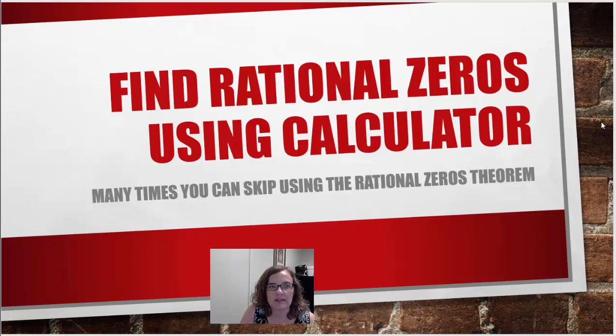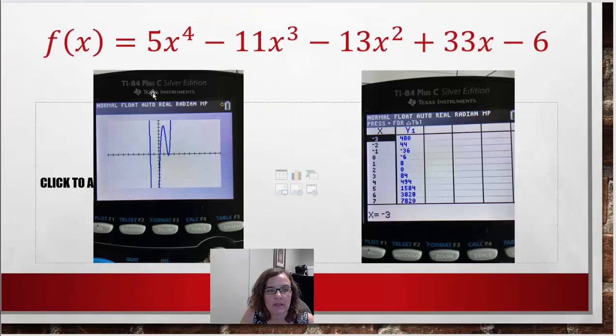So this one is part two of finding rational zeros using a calculator, when you can skip the rational zeros theorem, or not. This is actually an example where we have this particular polynomial. So this is the graph that we get.